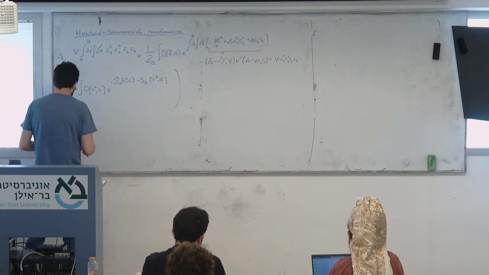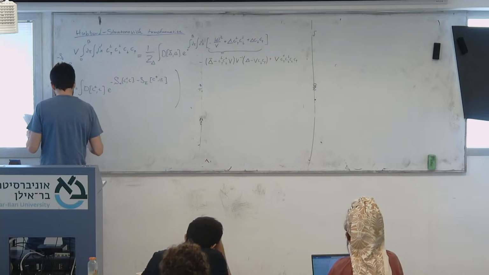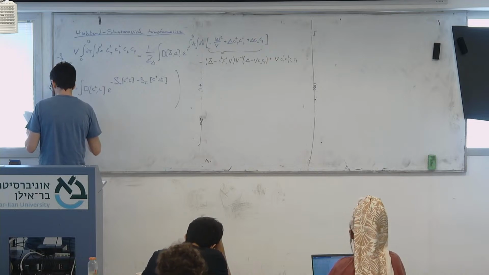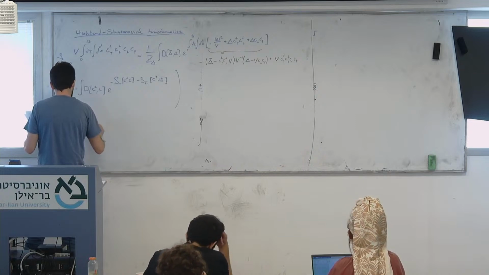So then what we get is a new action, which is the integral from 0 to beta d tau.